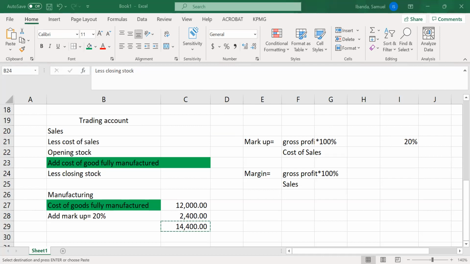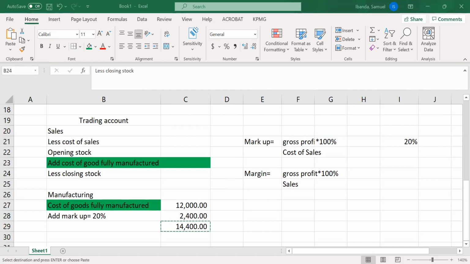Okay. Now, one of the things I was going to look at is the reason why, after we have looked at transferring goods at a markup, we bring in provision for unrealized profits on inventory.